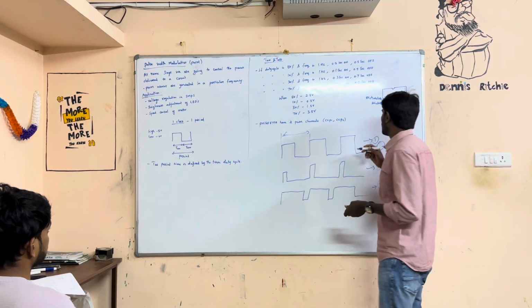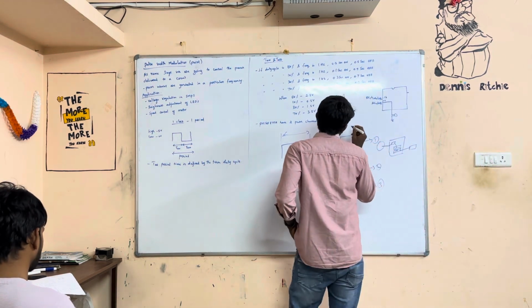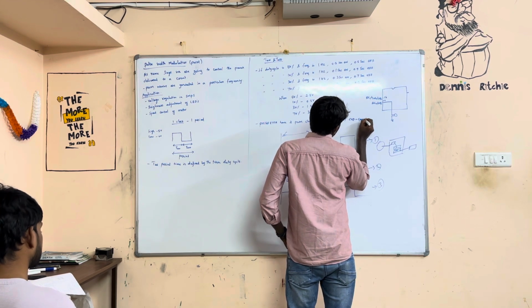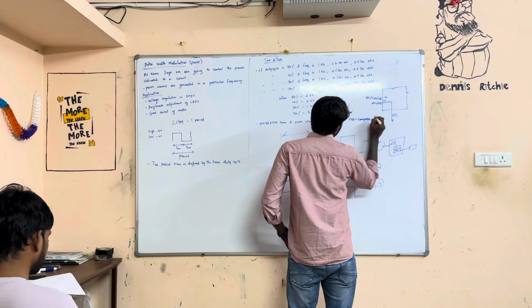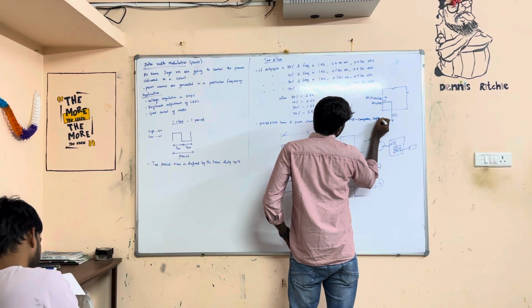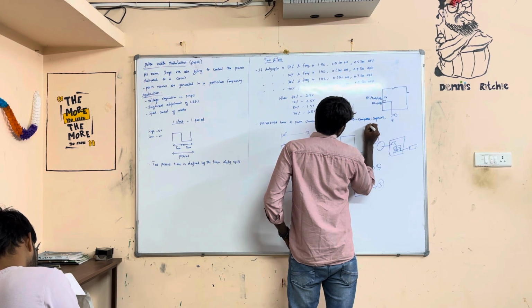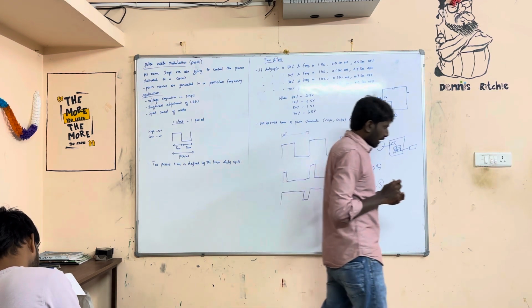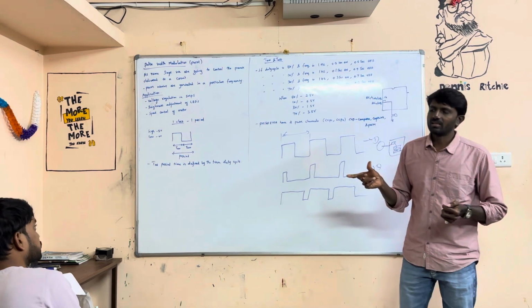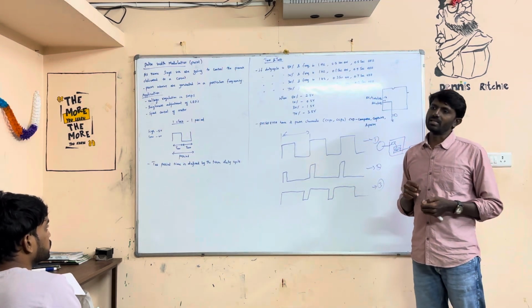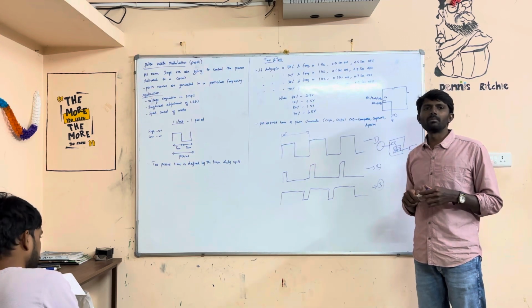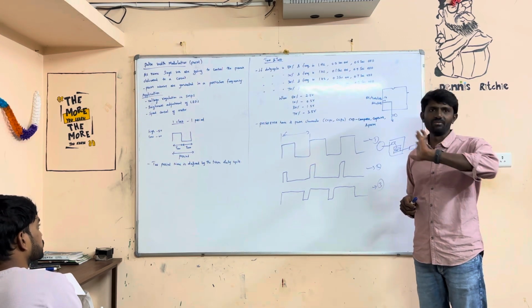CCP stands for compare, capture and PWM. It means compare is one functionality, capture is one functionality, PWM is one functionality. Actually we are going to discuss only PWM. Compare and capture you leave it.